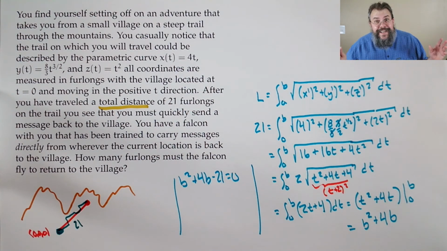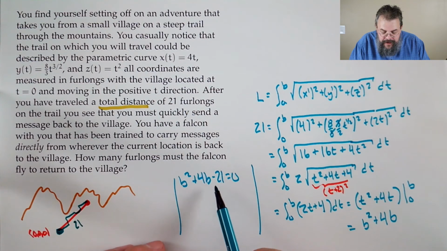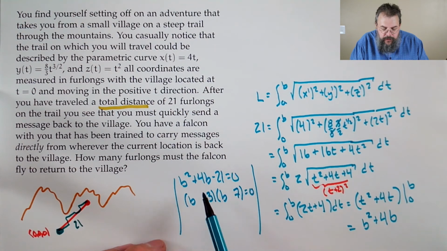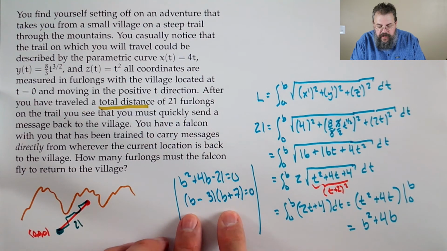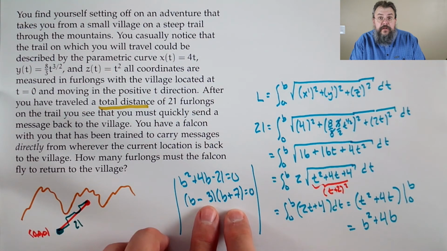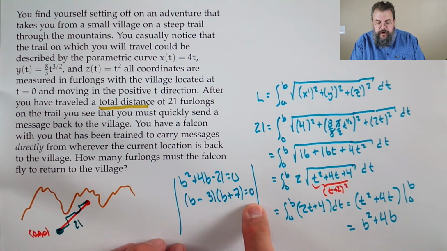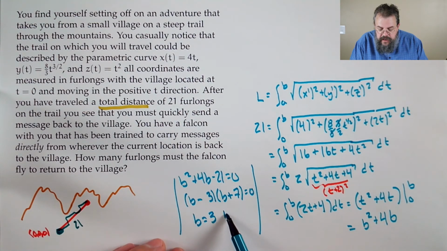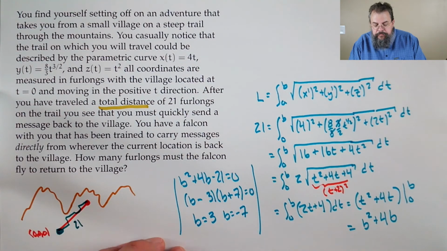There's 1 and 21, which is not going to give us what we need. 3 and 7 has to be it, because they multiply to 21, and when we take their difference we have to get 4. So we need a plus 7 and a minus 3, because 7b minus 3b is 4b, and minus 21. That gives us two possibilities: b equals 3 and b equals negative 7.